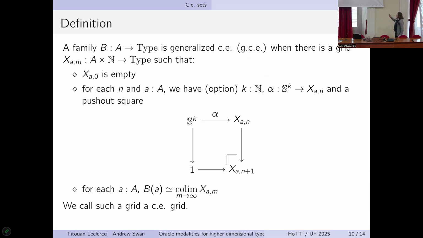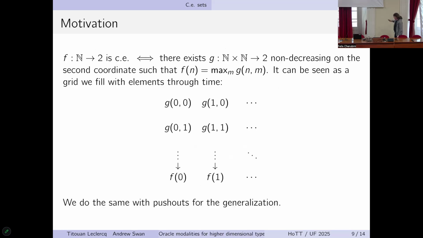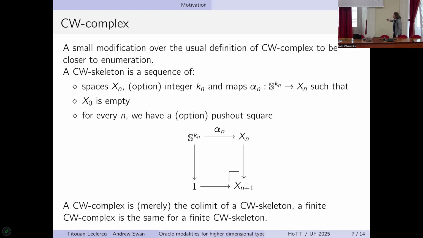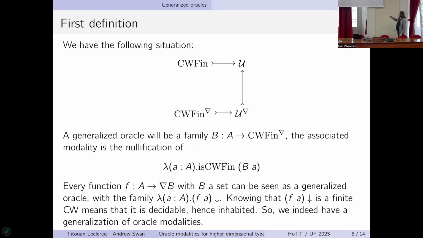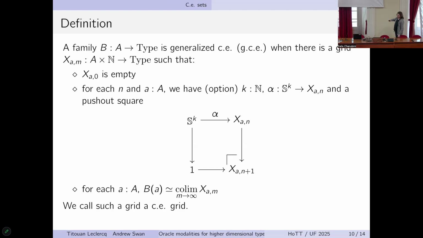This is why in this definition we have the notion of option, which also appeared for the CW, I think. It just says that maybe we can take the next space to be equal to the one before, and such a grid of types with pushouts will be called the C grid, and a generalized computably enumerable type will be the colimit of such a grid.